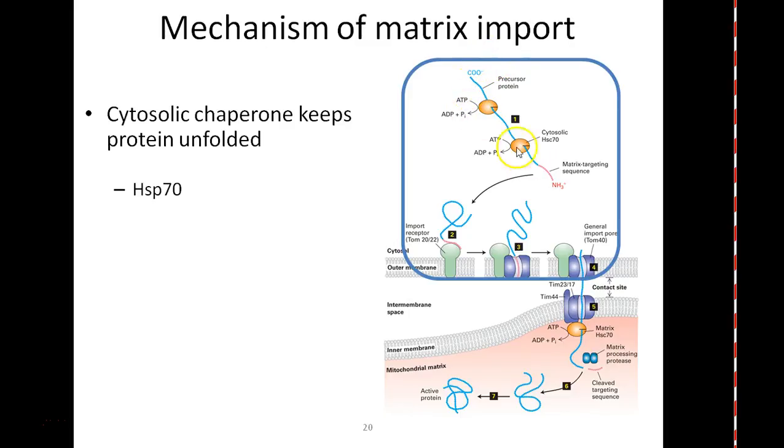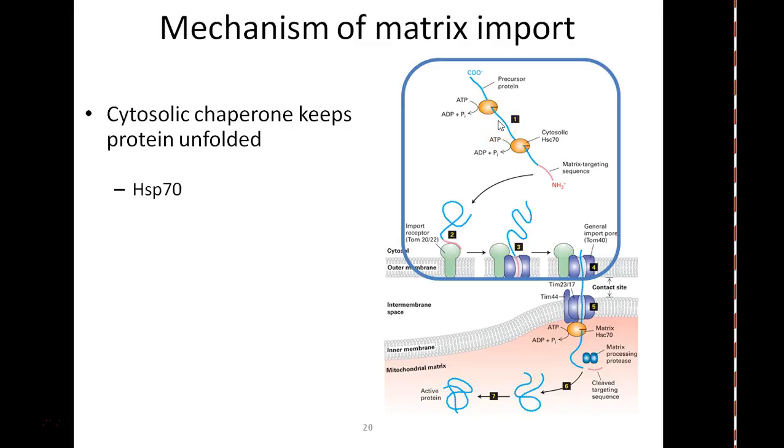We kind of talked about that already. Here we have a protein that has the matrix targeting sequence, this amphiphilic alpha helix shown here in purple, and the rest of the protein. This is called the precursor protein, and it's bound by those chaperones shown here in orange, and they use ATP energy.